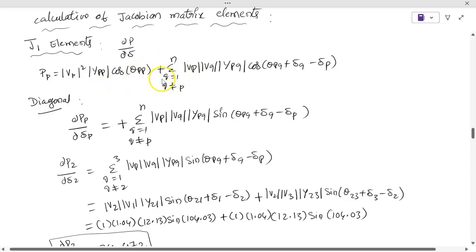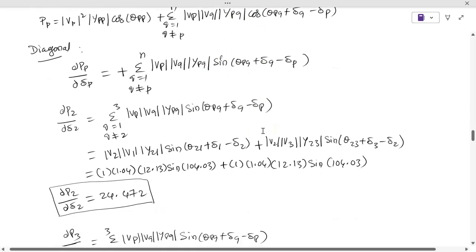That means we need to differentiate this PP equation with respect to δP. The first term does not contain δP, so that becomes 0. Here δP is available, so by differentiating this term, cos gives a minus sign, and the derivative of minus δP with respect to δP is minus 1, so minus of minus gives plus. The equation is otherwise the same, but after differentiation cos becomes sin.